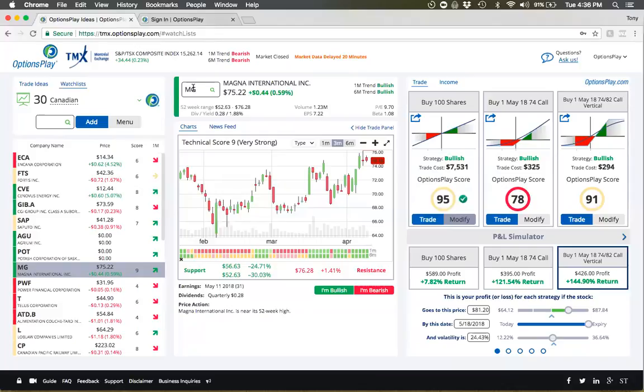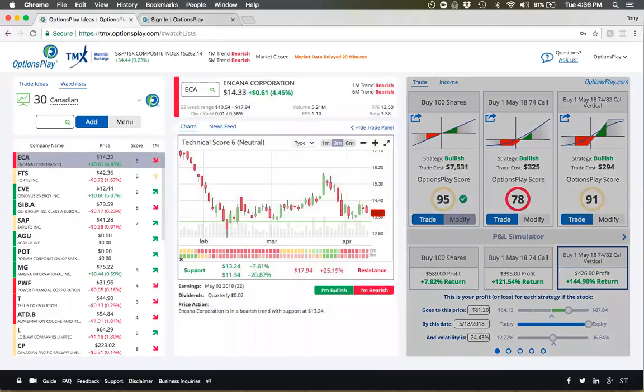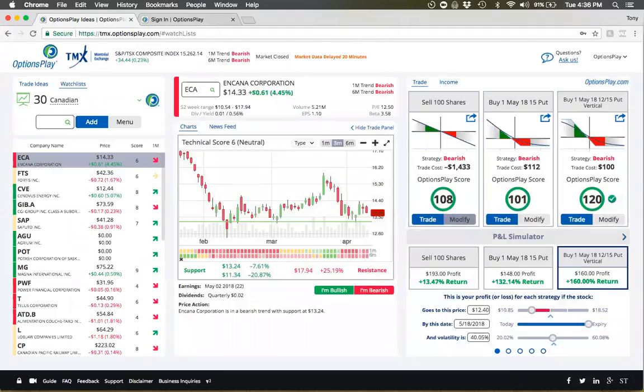So what I'm going to do is go through some examples here today. I want to point out that all the examples I'm giving you today are not a solicitation to trade these individual securities. I don't have a view on any of these securities. I will take bullish or bearish views on all of these for illustrative purposes on this webinar today.